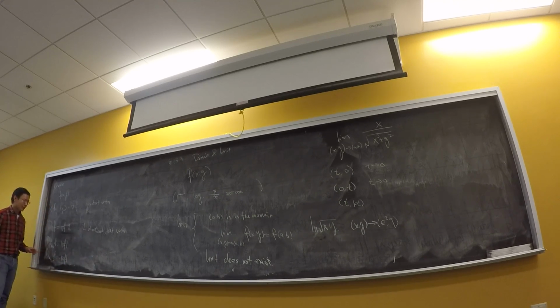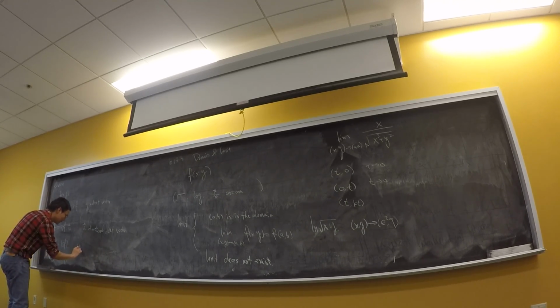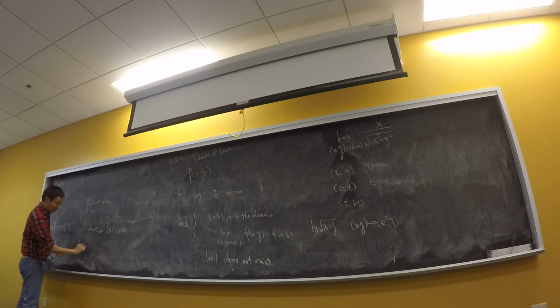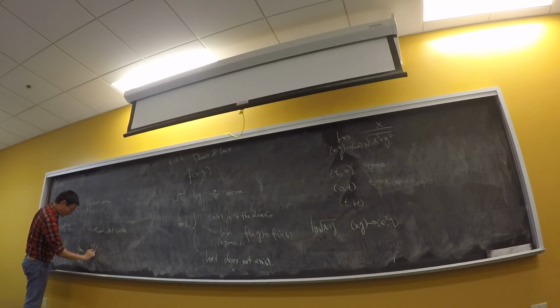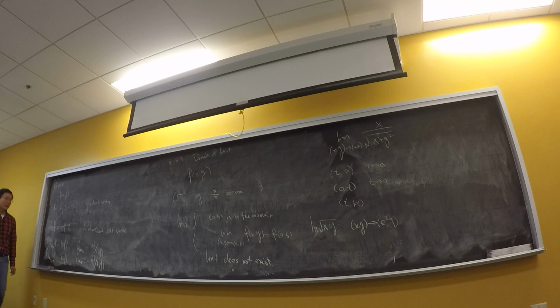All right? And also we can easily determine the maximum and minimum directions. So the max direction is given by the gradient of f divided by its length. The minimum is the opposite direction of the maximum.